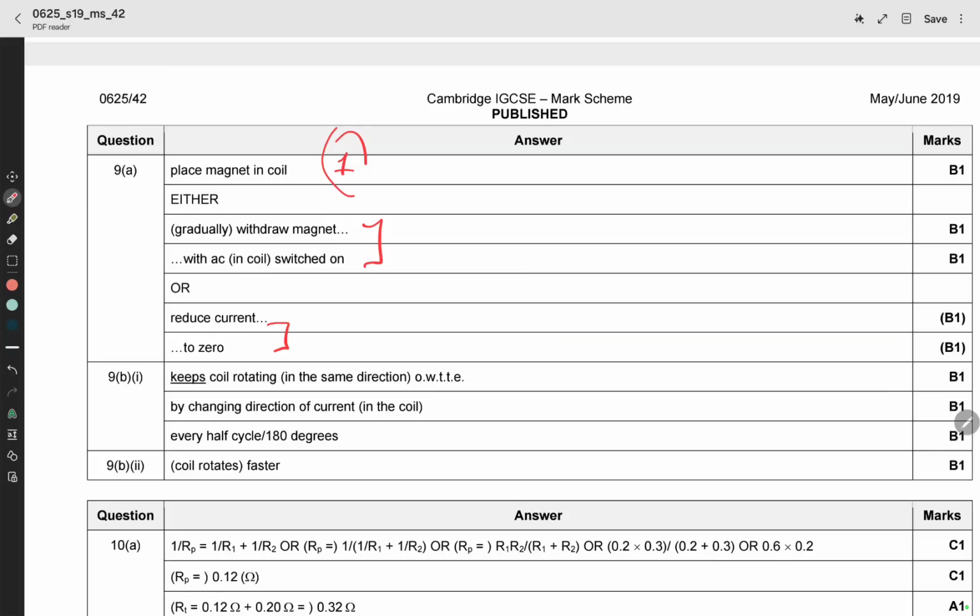If I were in an exam, I would write either. The first thing you'd say is place the magnet in the coil. Then you say slowly take the magnet out while the coil is switched on. This is very important. What's easier is just to write the other one, because for this one you have to say while the coil is switched on, and some people might forget to write that. So plug it into the coil and then reduce the alternating current to 0. Very, very easy.